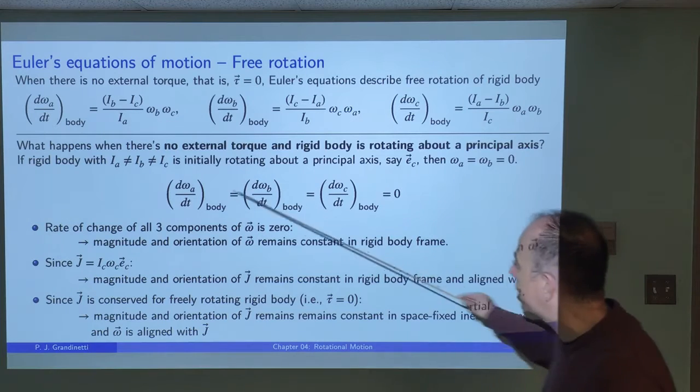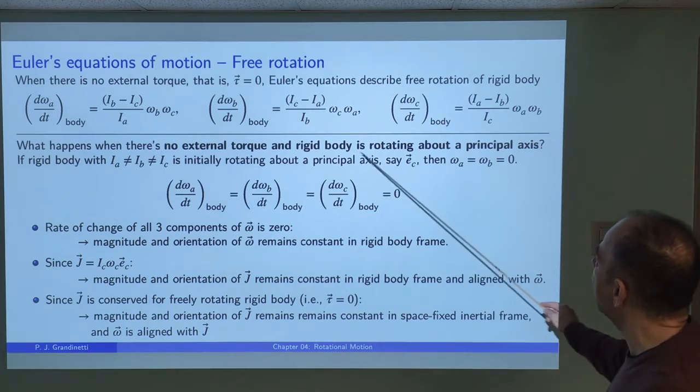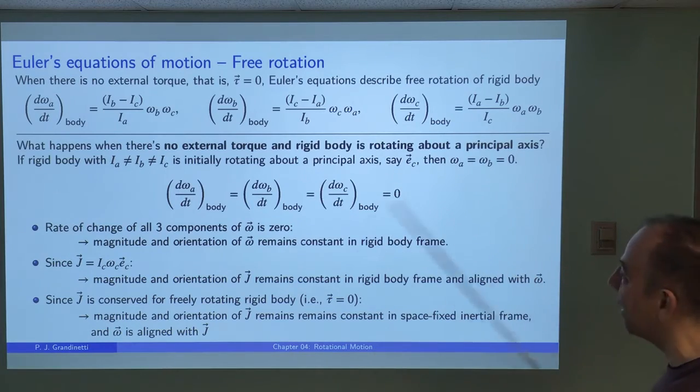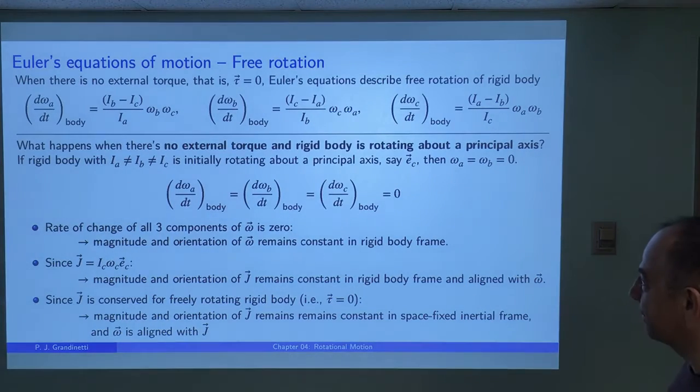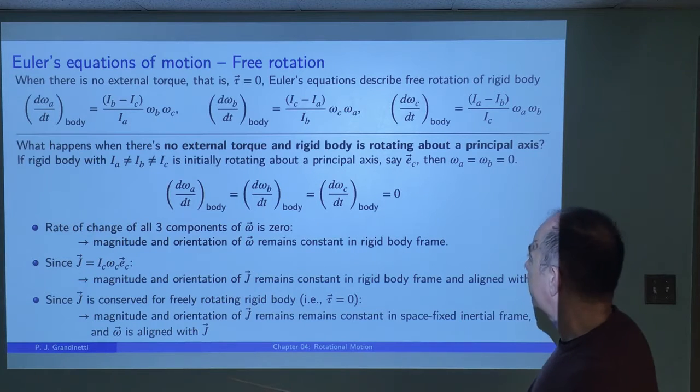So all three components are going to be time independent if there's no torque and the body is rotating about one of its principal axes. That's what we see from Euler's equations of motion. We find that the angular velocity vector is not changing.